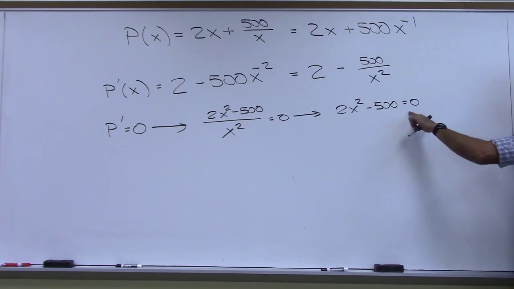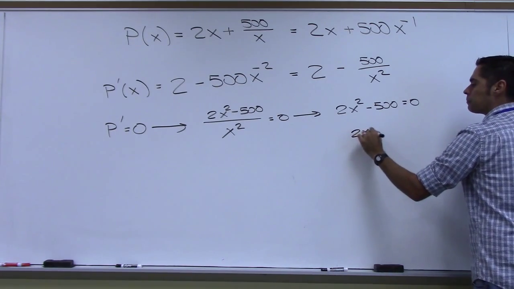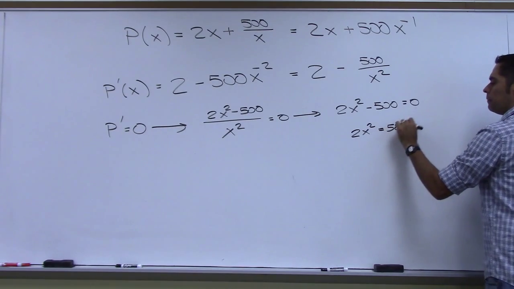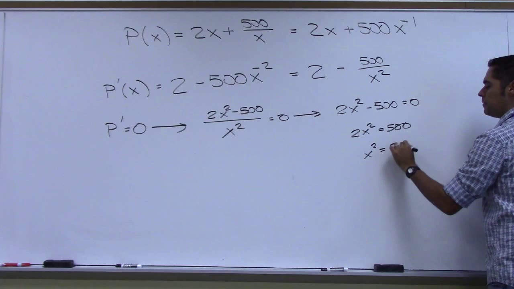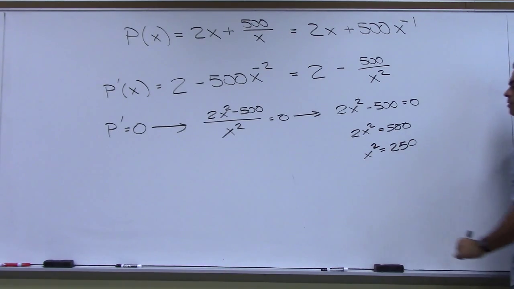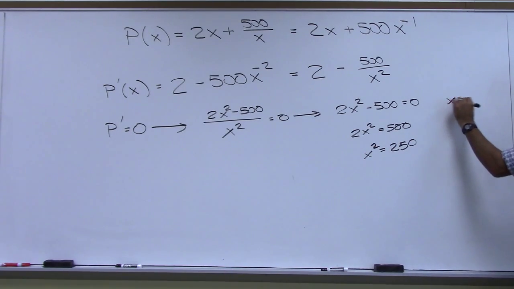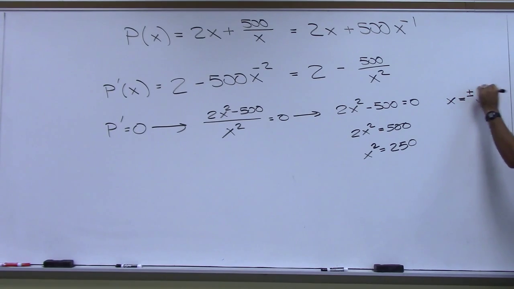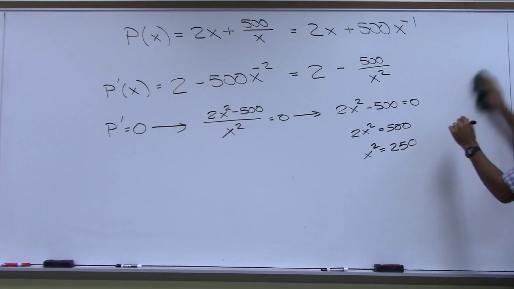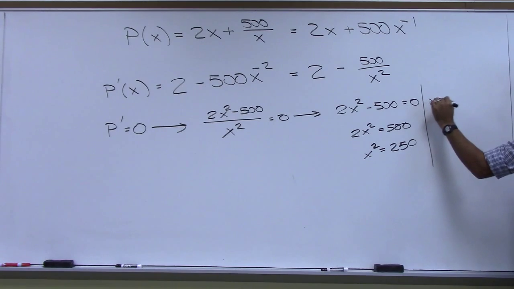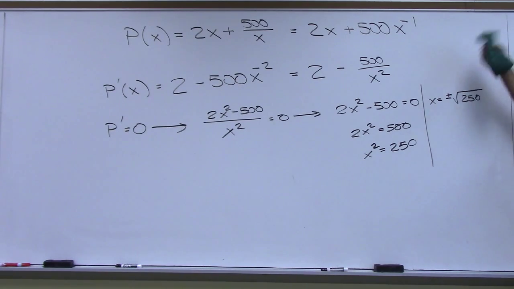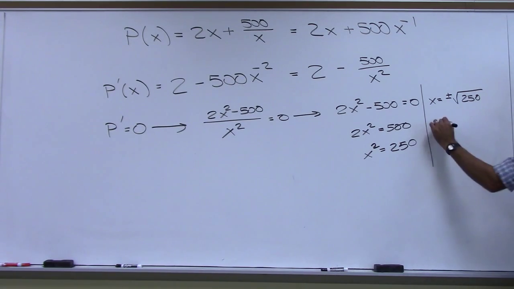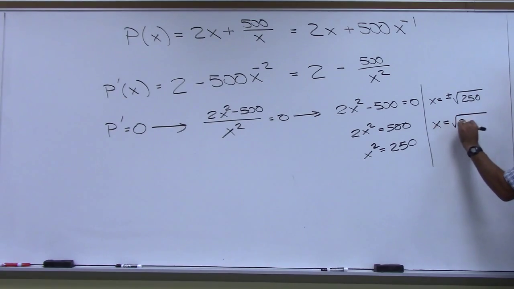Move the 500 over. Divide by 2. Hey, there's 250. So x must be positive or negative root 250, right? Now I'm going to chunk the -1, right? Because my domain was only positive numbers. So x equals root 250.